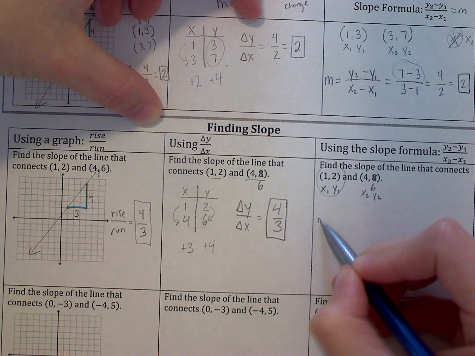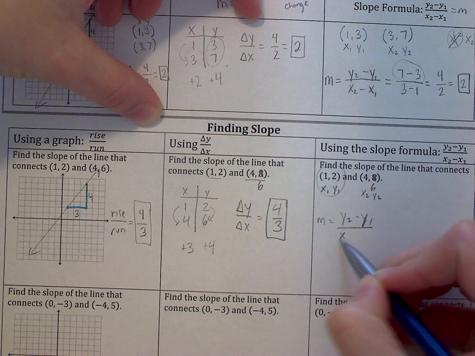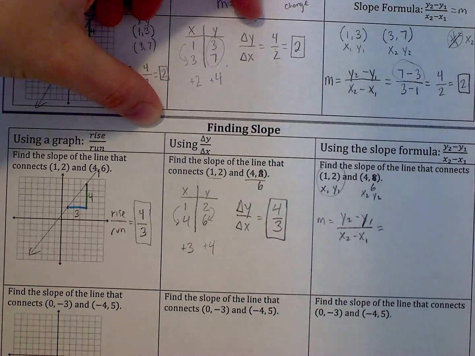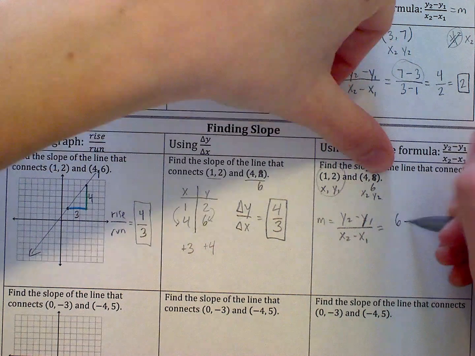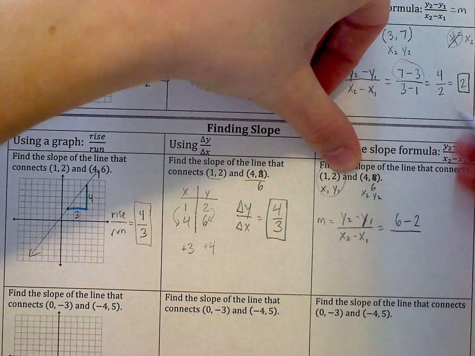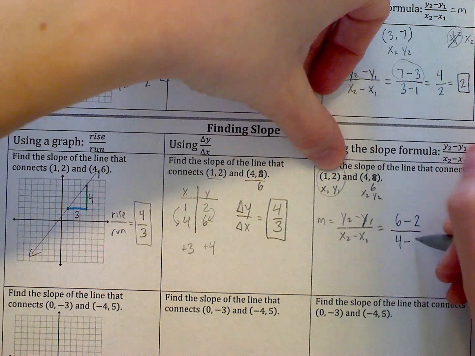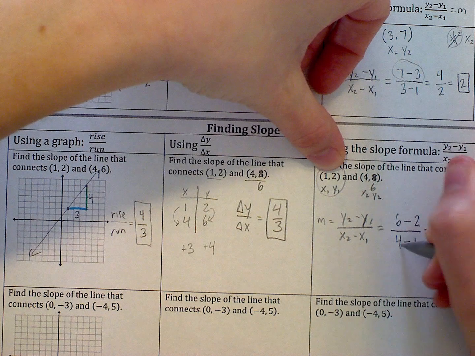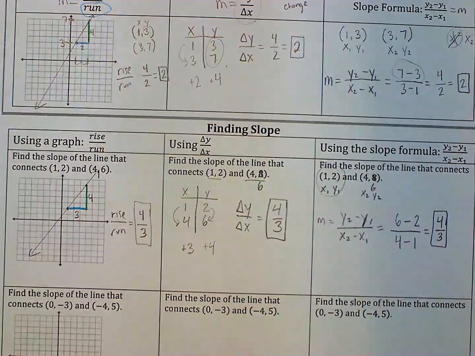When I go to fill in the formula, be careful to write neatly, because if you write messy, the y's and the x's can look kind of the same. y2 is 6 minus y1 is 2. x2 is 4 minus x1 is 1. 6 minus 2 is 4. 4 minus 1 is 3. And I get that same answer. 3 different ways to do the same thing.